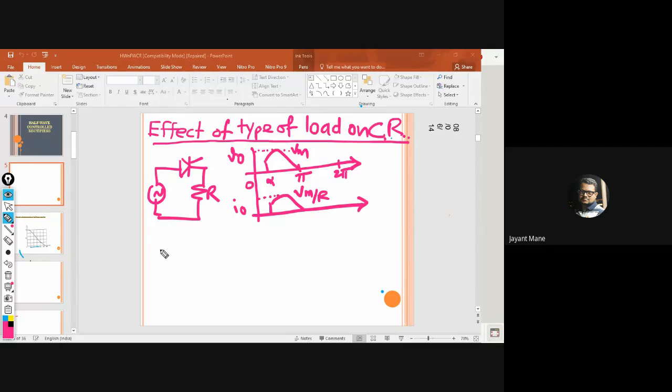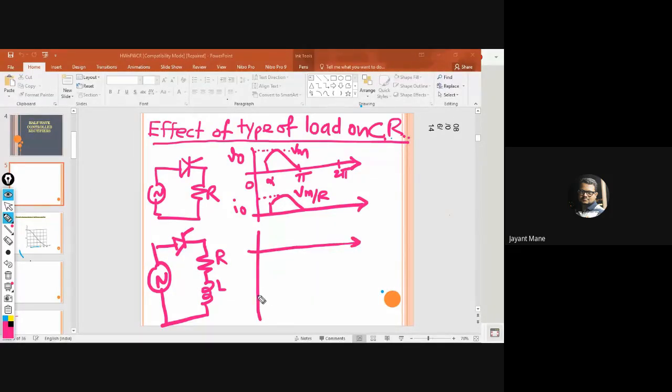And if it is RL type of load, what happens? So L is inductance of the load. Now we all know that inductor stores energy in the form of magnetic field.